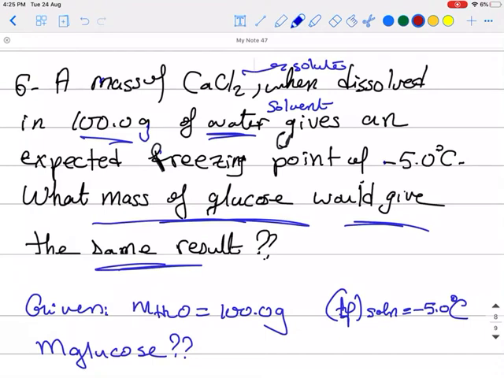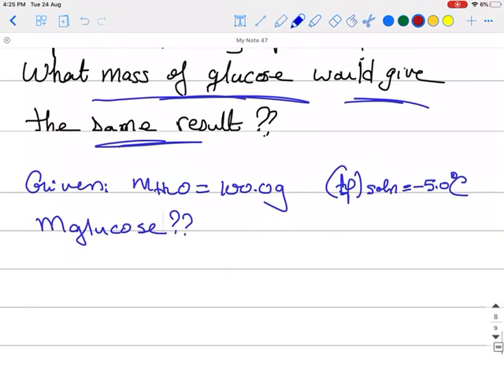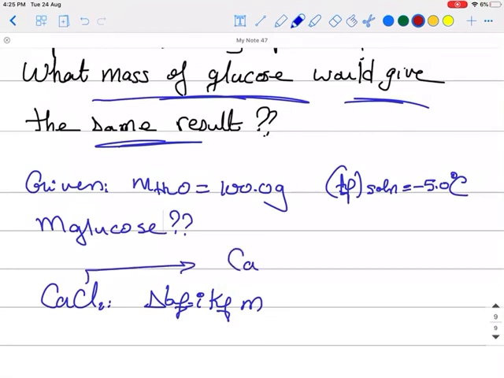Okay, first of all, let me work with calcium chloride, and then we will deal with glucose and find the ratio between them. Let us say for calcium chloride, delta T freezing equals i times K freezing times molality. Here we pay attention. Calcium chloride is an ionic compound, it gives ions in the solution, Ca2+ and 2Cl-.